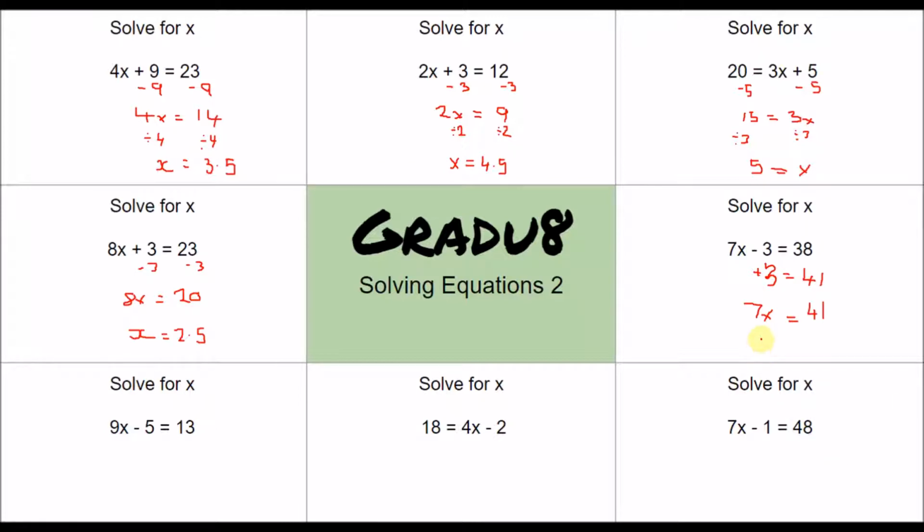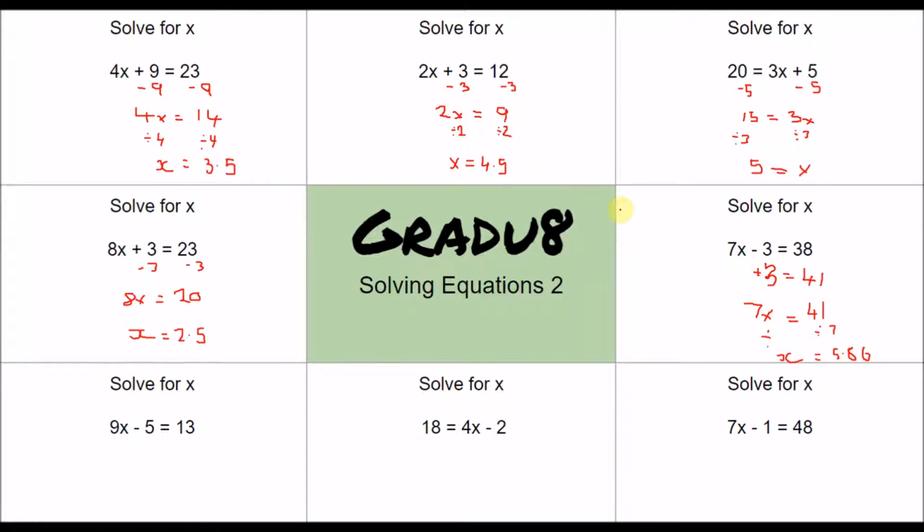Now, when you divide this one by 7, you end up with a really horrible decimal. Just to show you, if you divide by 7 and you divide by 7, you're going to get x on this side, and over on this side, rather horrendously, you're going to get 5.86, and if I round it to 2 decimal places, it's 5.86.